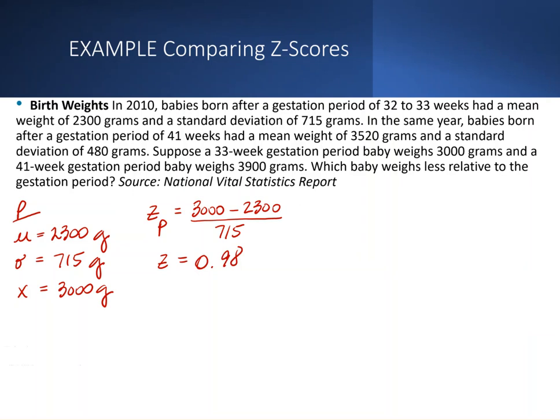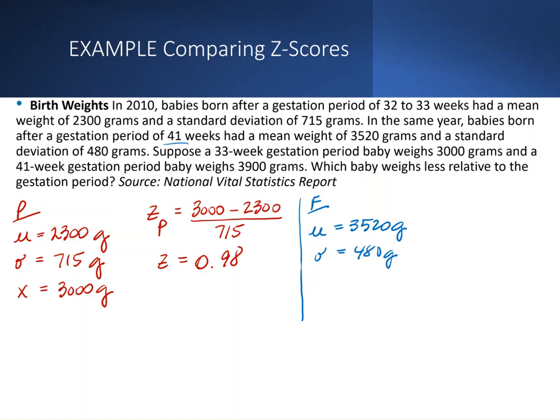Now let's talk about the full-term baby. So the full-term baby, we go back to our paragraph up here, and it says the full-term baby had a mean weight of 3,520, a standard deviation of 480 grams, and that was for all of the 2010 babies.